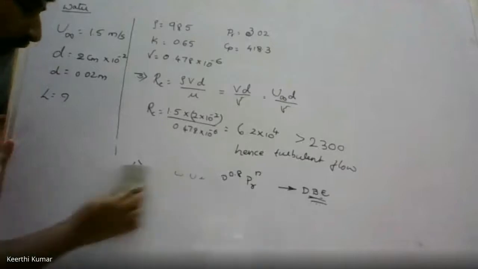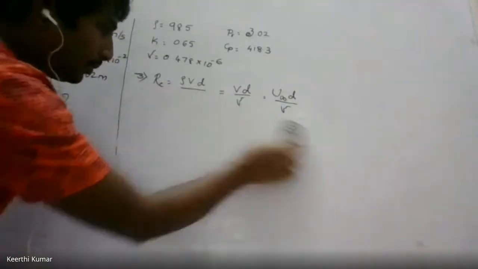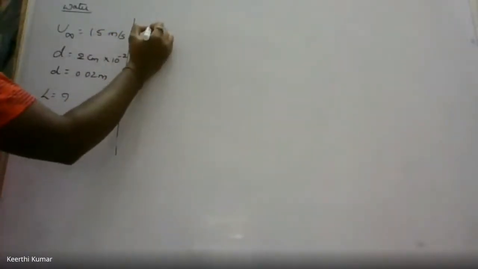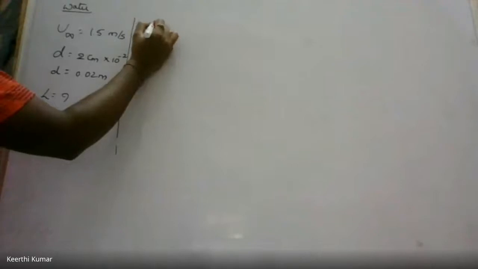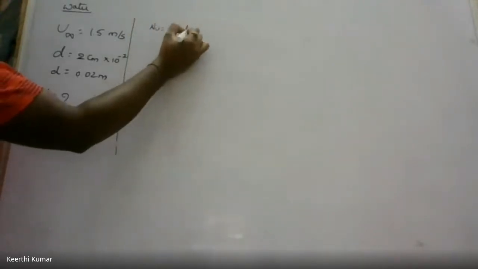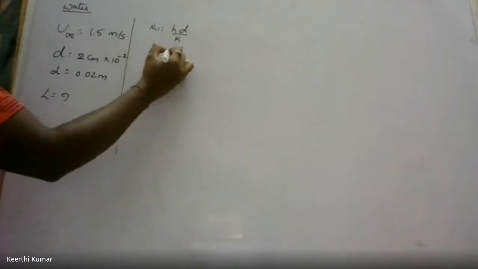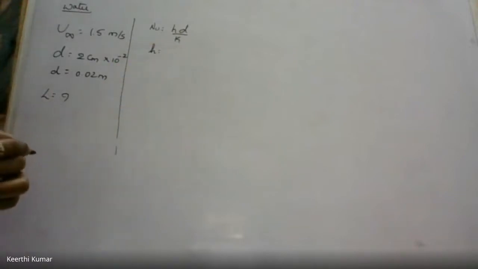Done. After this Nusselt number, do you remember what is the step to be followed? Find out the value of h. What is the formula? Again, Nusselt number is hD by k. You know all the things here. Take out h: h is equal to Nu into k by D. Nu is known, k is known, D is known.